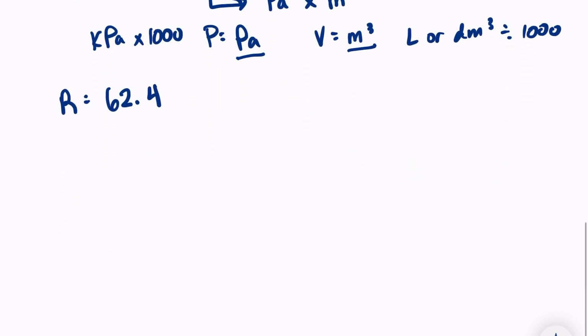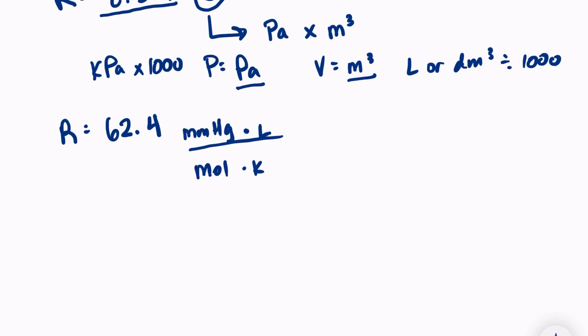And for the last ideal gas constant, 62.4, the units are millimeters of mercury times liters per mole per Kelvin.